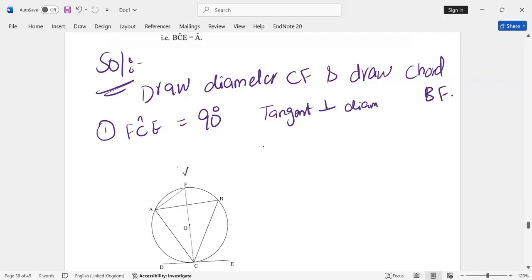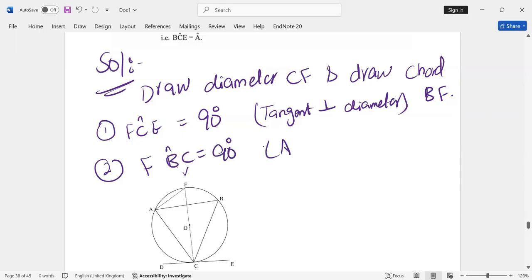Okay, second thing we have is angle FBC equals 90 degree, angles in a semicircle.